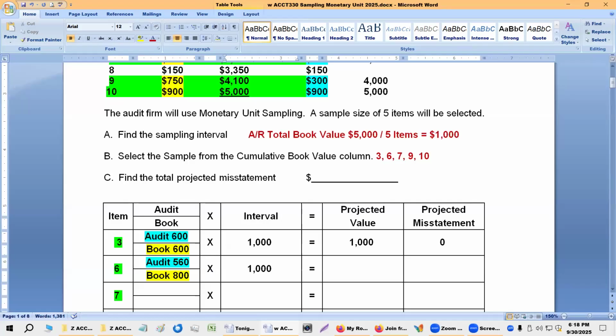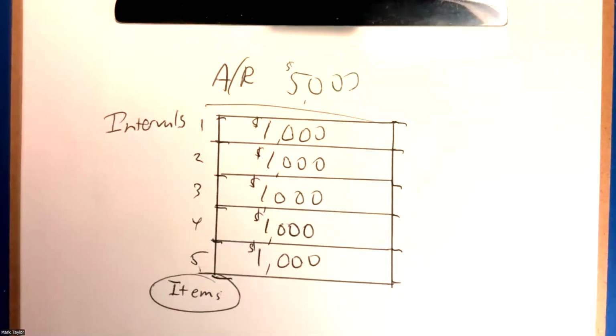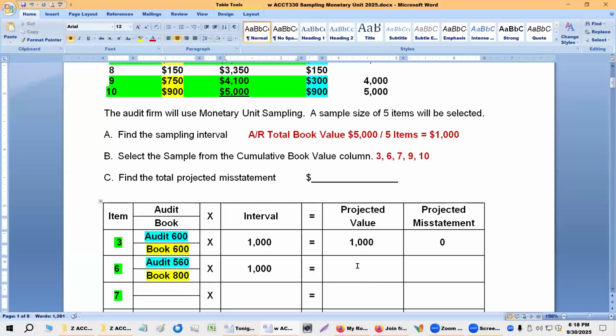Calculator. All right, so 560 divided by 800 is 0.7. So the projected value would be what, 700?